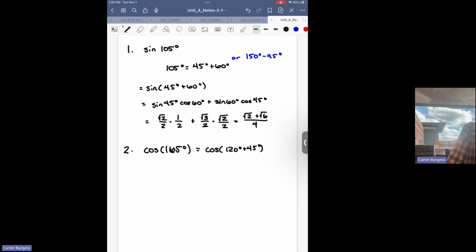I like that. Cosine is mean. So cosine is going to group the cosines. It's going to switch the plus to a minus. This is cosine of 120 times cosine of 45 minus sine of 120 times sine of 45. What is cosine of 120?